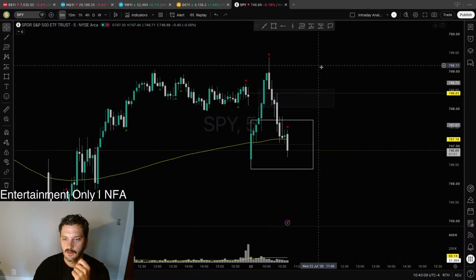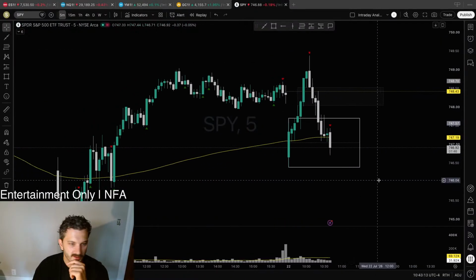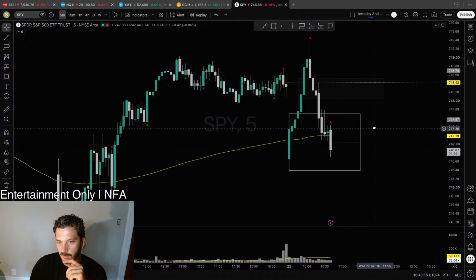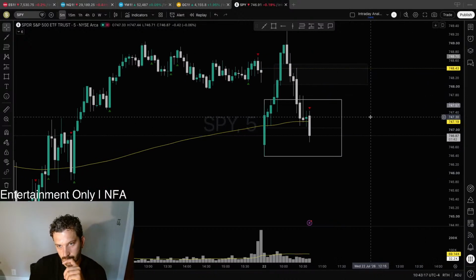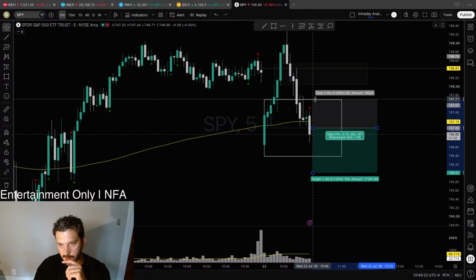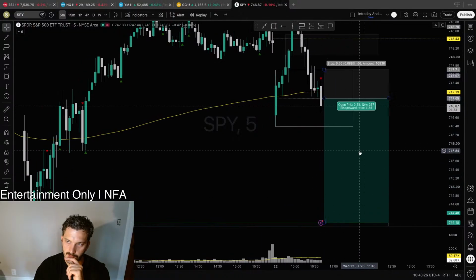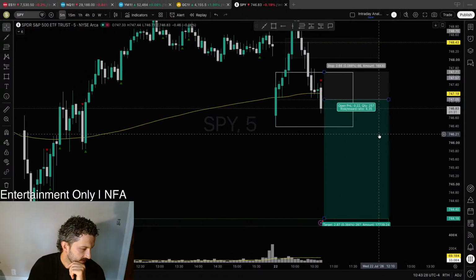Trimmed. NDZ SPY is breaking that 200 EMA right now with an engulfing potential. I don't know if that's a bad. Yeah, took shorts.